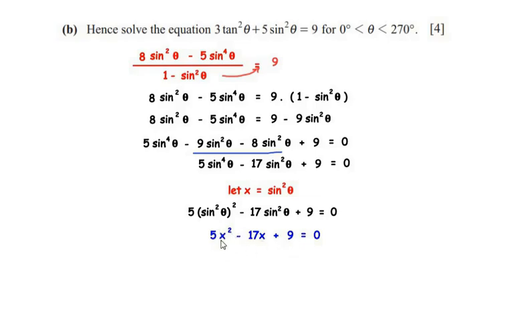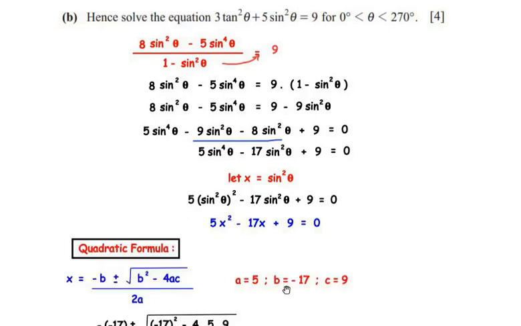And to find out the value of x, we are going to use the quadratic formula, which is x equal to minus b plus minus square root of b square minus 4ac over 2a. Now here in this formula, a represents the coefficient of x square, which is 5 in this case. b is the coefficient of x, which is negative 17.